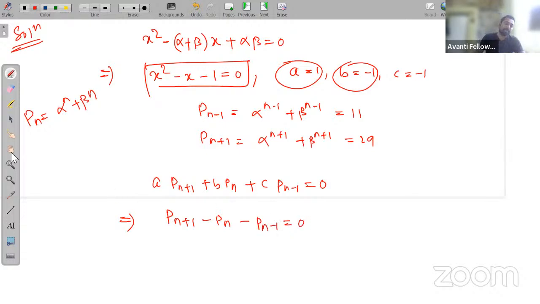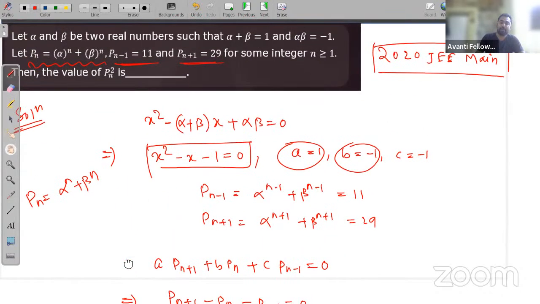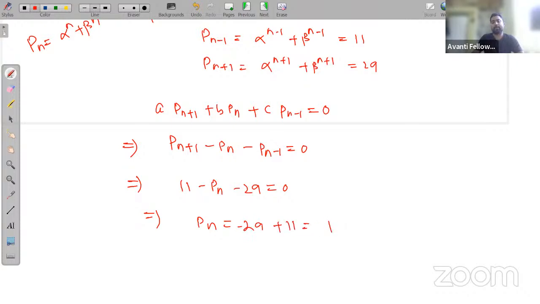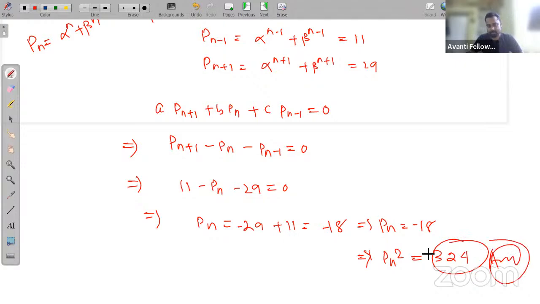In the question it is given that Pn minus 1 is 11 and Pn plus 1 is 29. So this is 29 minus Pn minus 11 is equal to 0. So Pn is equal to 29 minus 11, that is 18. Then Pn square will be 18 square, that is 324. This is your answer.